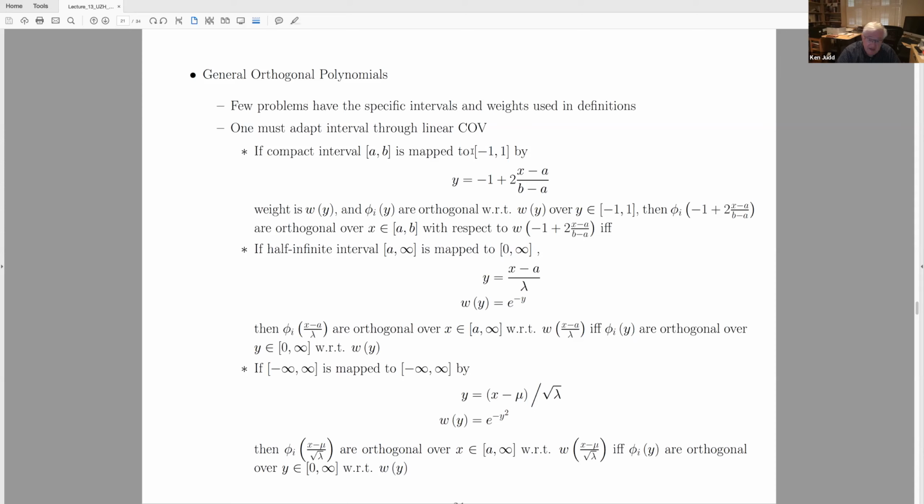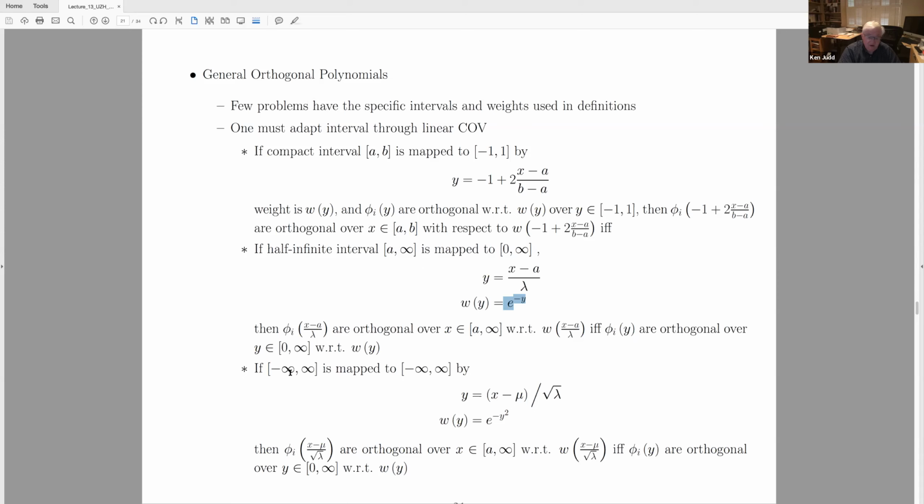But the key thing is that I've shown you two ways to do orthogonal polynomials on [-1, 1], and those ways can be used on any compact interval. I showed you how you can do orthogonal polynomials on [0, infinity), and that can be used for any half-infinite interval, a to infinity.